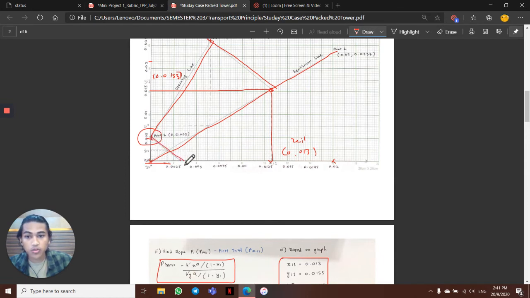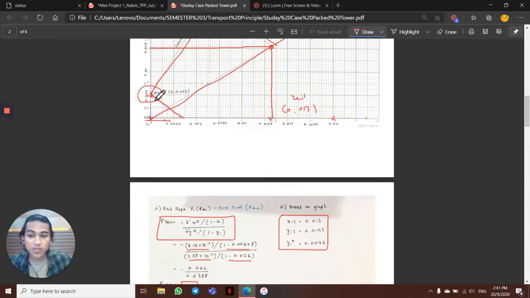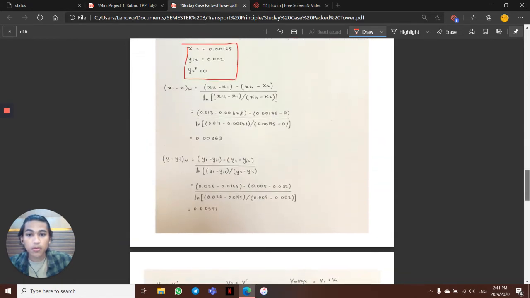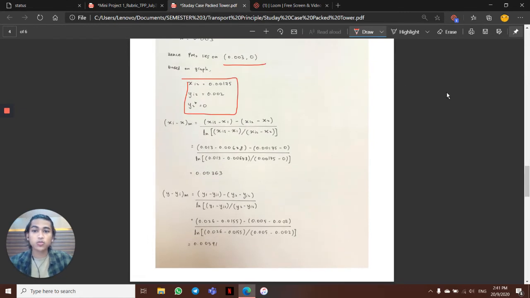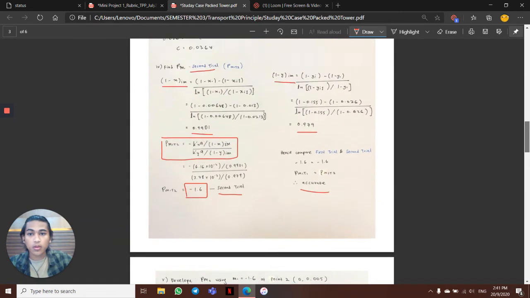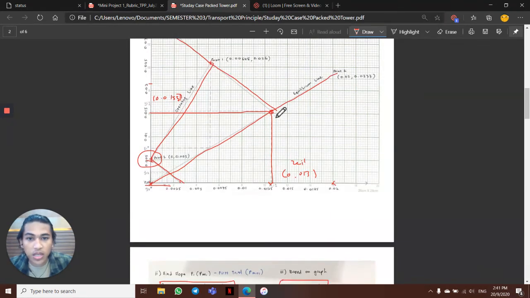Let me draw the slope. Okay, we already have the slope, and from this slope, from this PM2, we have to find xi2, yi2, and y2 star. How to get the value of xi2 is the same as PM1 just now, touching the equilibrium line from the slope.